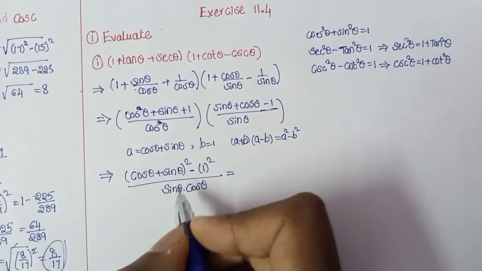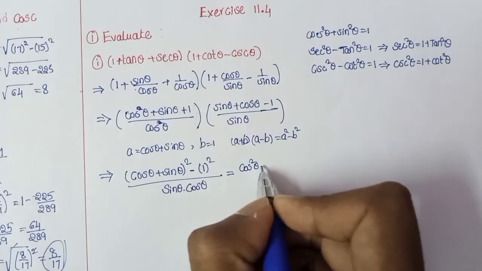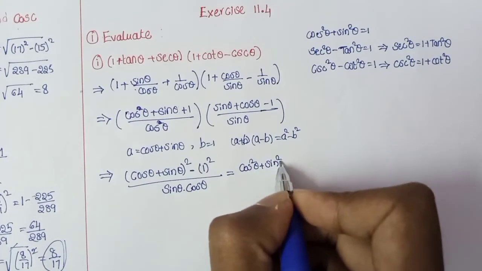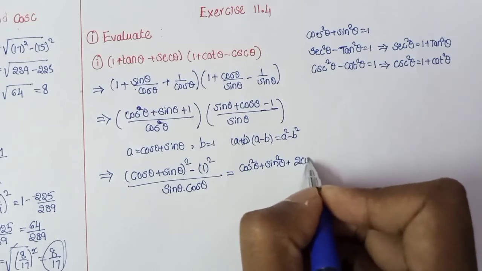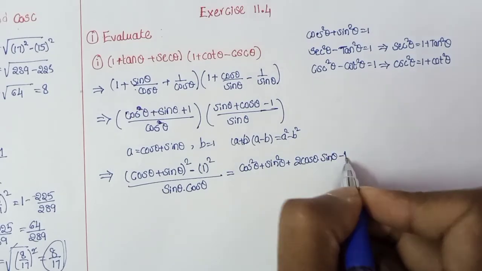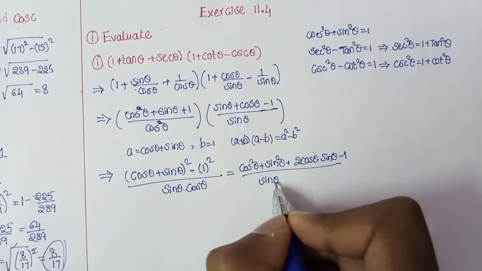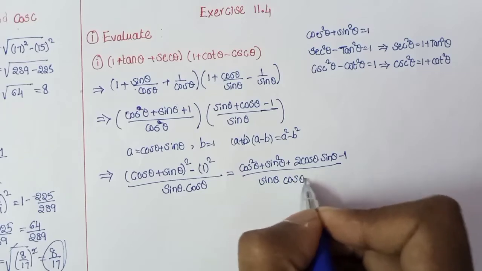Cos theta plus sin theta whole square gives cos square theta plus sin square theta plus 2 cos theta sin theta, minus 1, divided by sin theta cos theta.